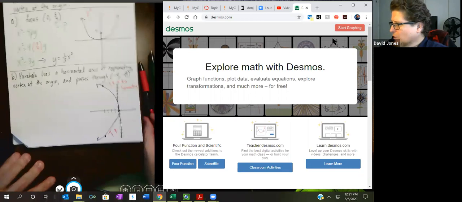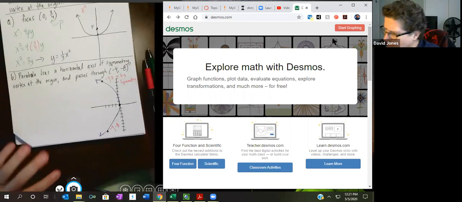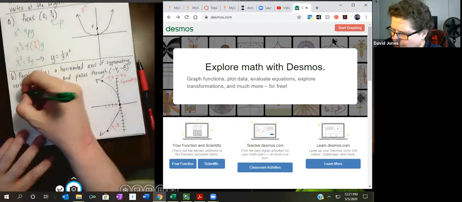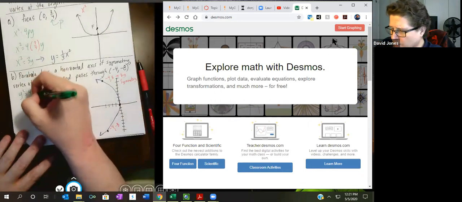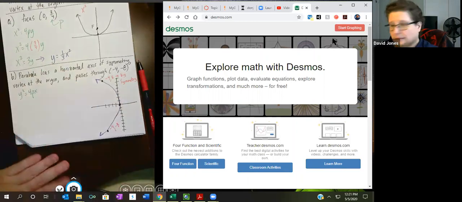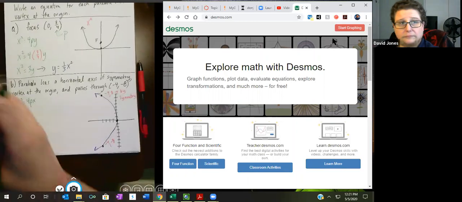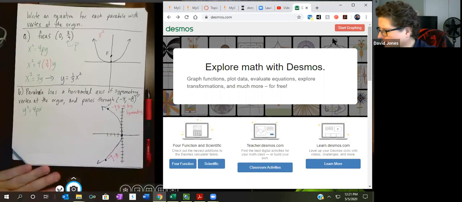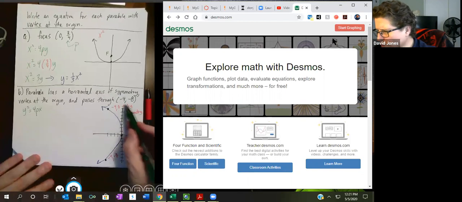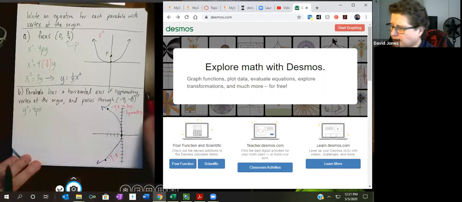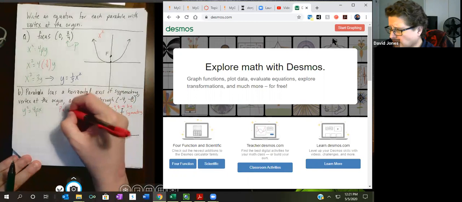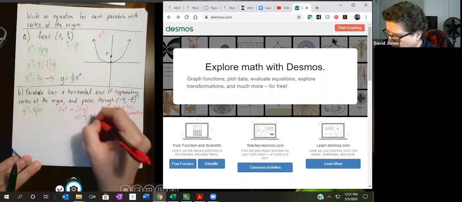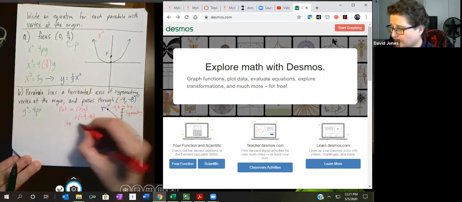How do we find the equation though? Since it's opening left or right, this is a y squared equals 4px graph. Why don't we just put in -4, -8 to find p.